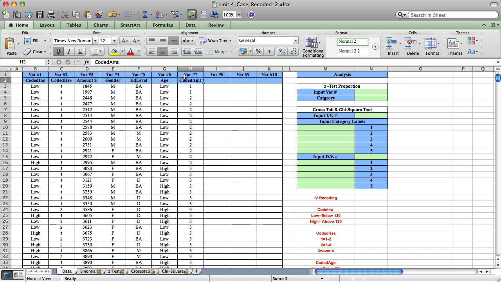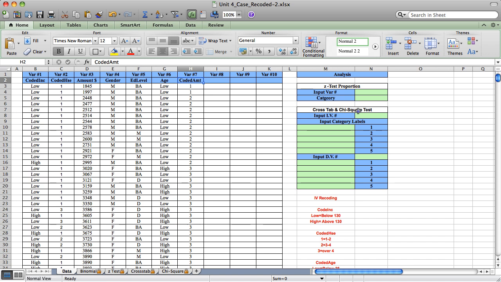So the chi-square test can be used to test the effects of some independent variable on a dependent variable, and both IV and DV will be in categories. For example, let's test whether gender has a statistically significant effect on the amount charged.